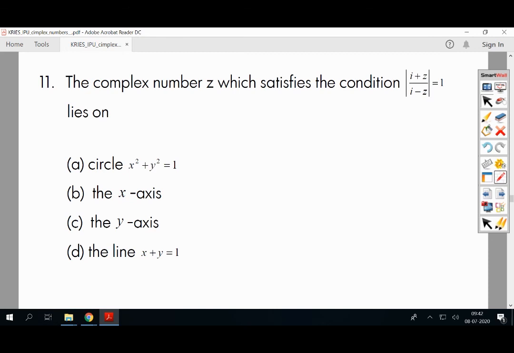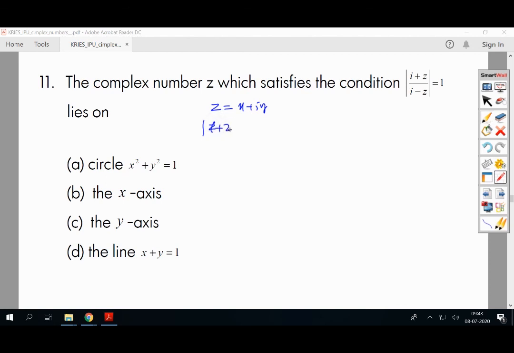We will simplify this one. So, let us straight away take z is equal to x plus iy ತಗೊಂಬೋಣ. So now I will split this one, modulus of I plus z divided by modulus of I minus z, it is equal to 1.